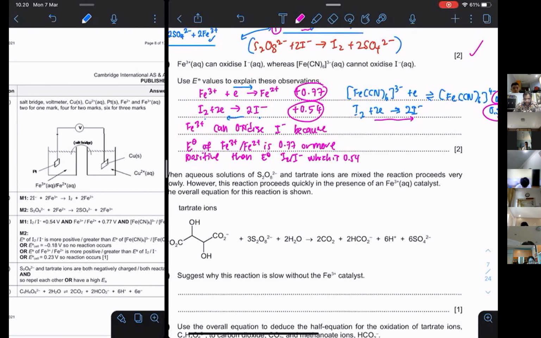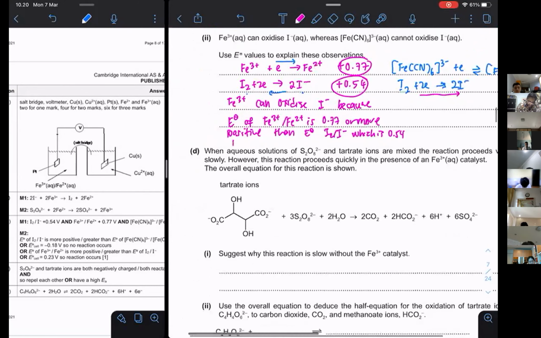Or if you want to write the E cell value, if they go to the right, this one goes to the left, negative. So 0.77 minus 0.54 gives you positive 0.23, which is greater than 0. So the reaction is spontaneous.